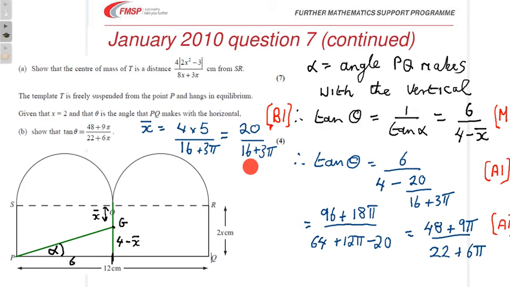A method mark for using the triangle to find tan of theta. I found tan of alpha first and then did the reciprocal of it. So a method mark for that. An accuracy mark for putting the right expression in, and for then tidying it up, another accuracy mark for the answer. Okay, that was question 7 from January 2010.